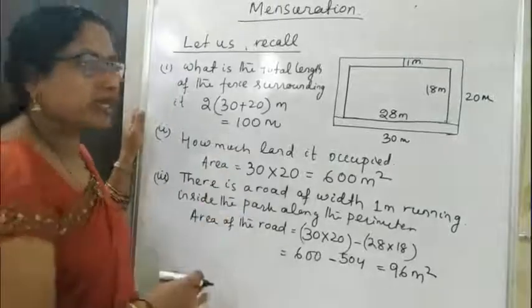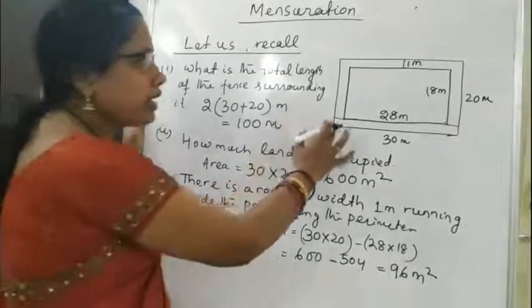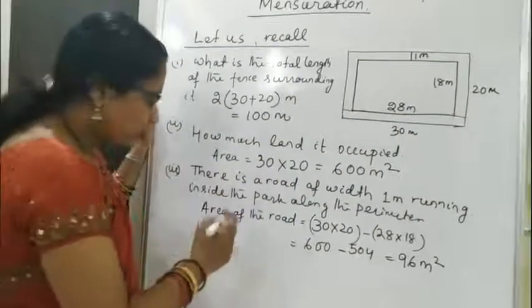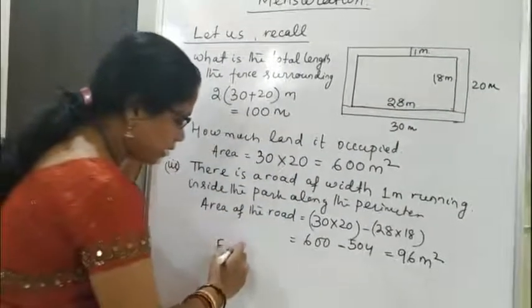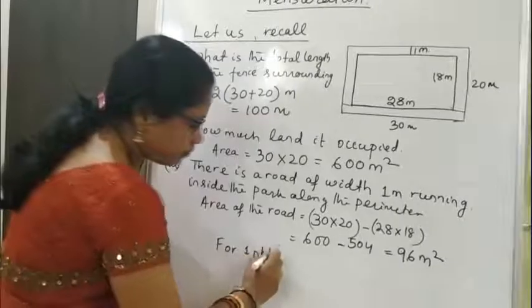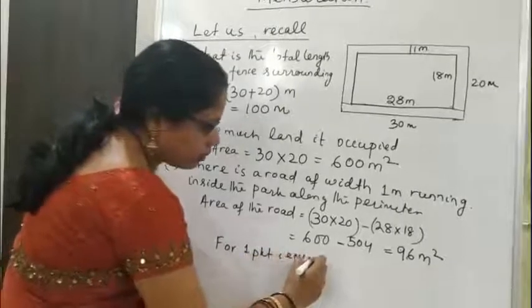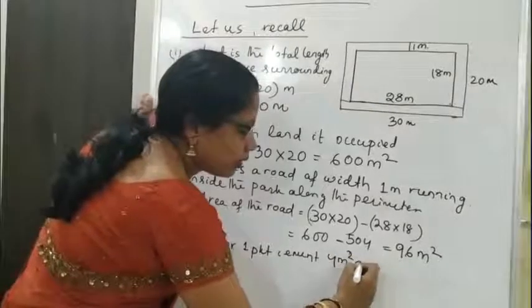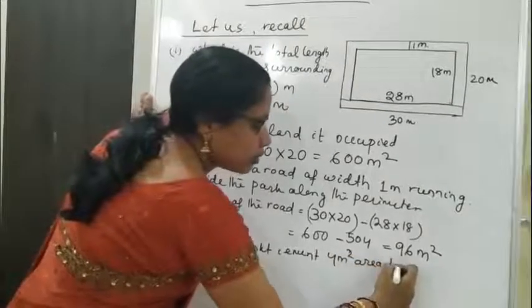Then the question is, to cement the road, we need cement packets. So for 1 packet of cement, 4 meter square area can be cemented.